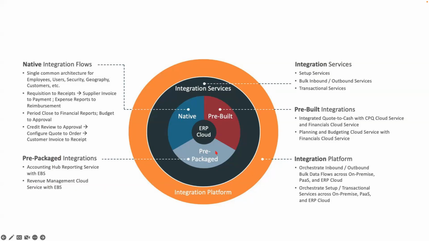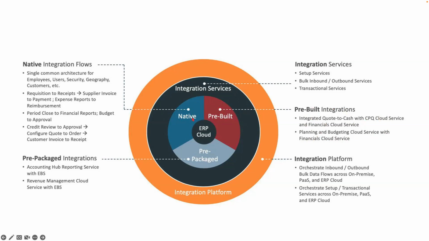So there's a few pre-packaged integrations that you have, and then you've also got your pre-built integrations as well. For example, you have a CPQ configure quote to cash area. You got planning and budgeting EPM area. So these are pre-built integrations.